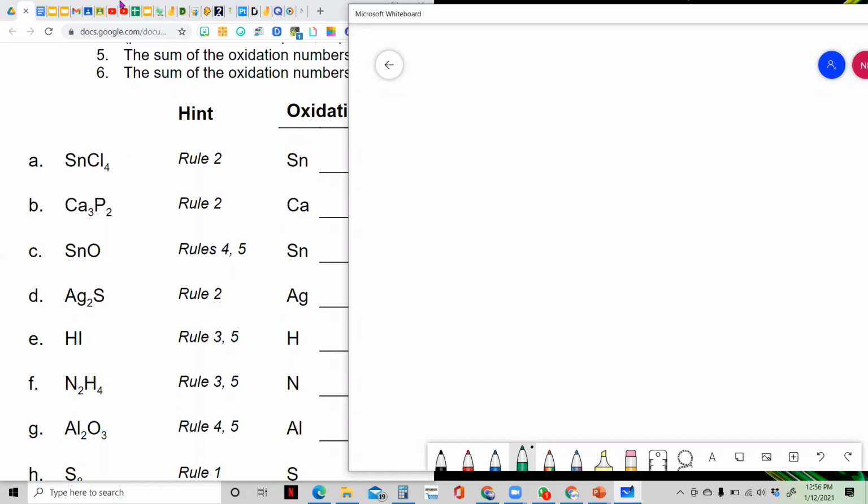So our first compound that we have is, oh no, not green. What is Sn, by the way, ladies? It has nothing to do with the English name. All right, so Sn is tin.